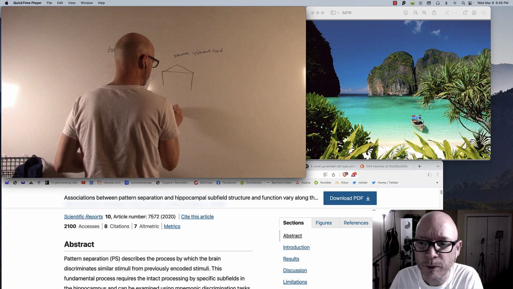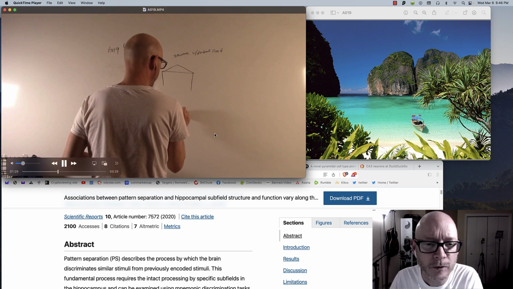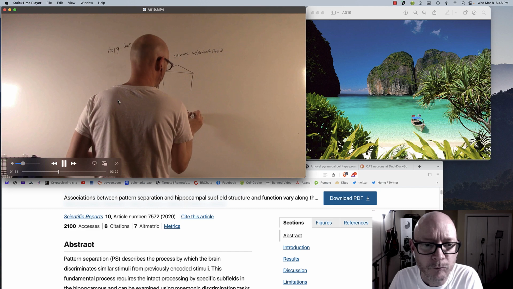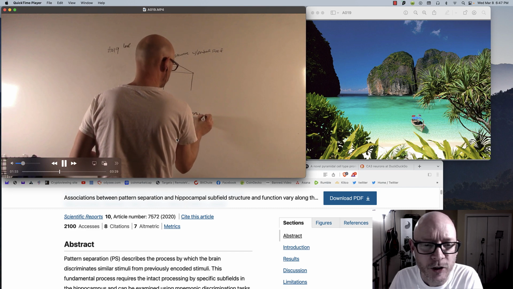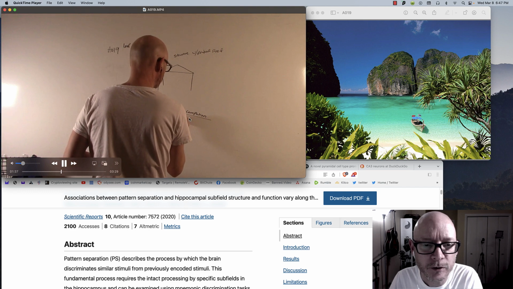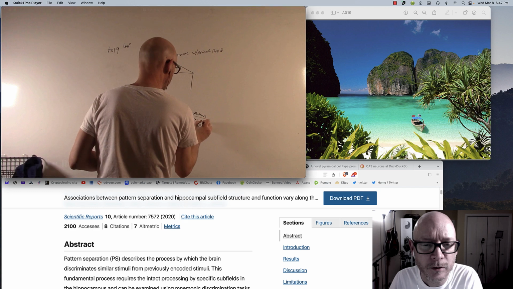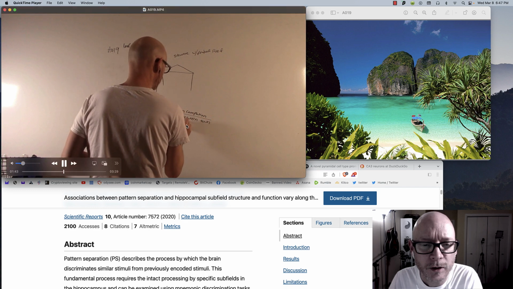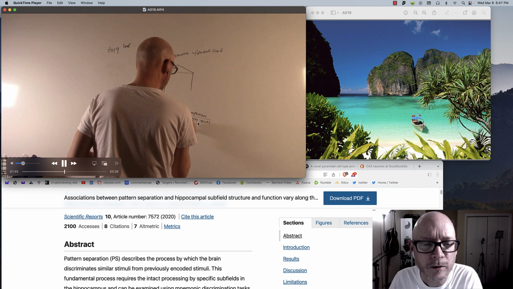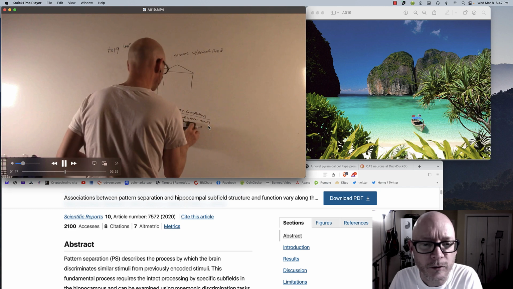There's something here with a peaked roof. I'm jotting down here under pattern completion an old western town.